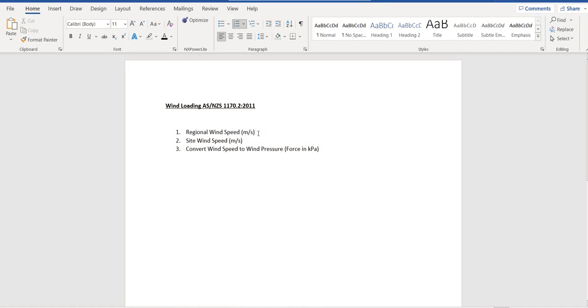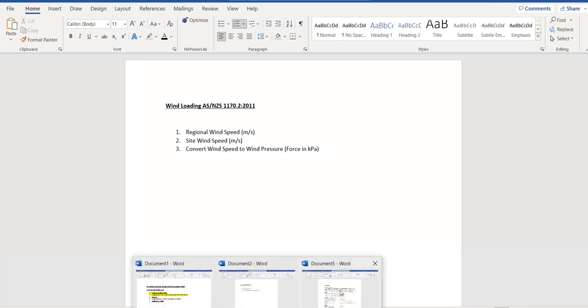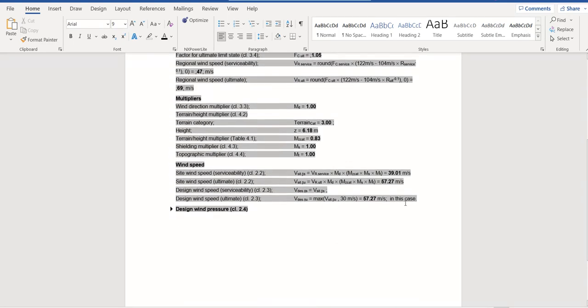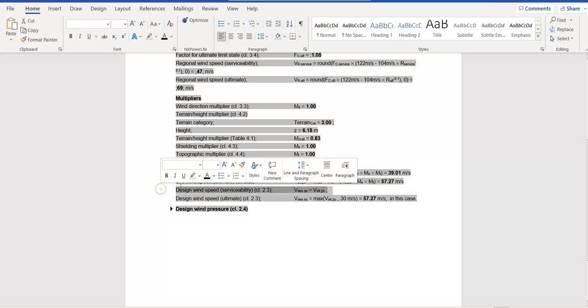As soon as we got this regional wind speed, we have to incorporate the site effects into it to get our site wind speed, which is all these MT, MS and MZ cut factors. Combining all these values, we get our site wind speed for serviceability limit states, which is 39 meters per second, and site wind speed for ultimate limit states, which is 57.27 meters per second.